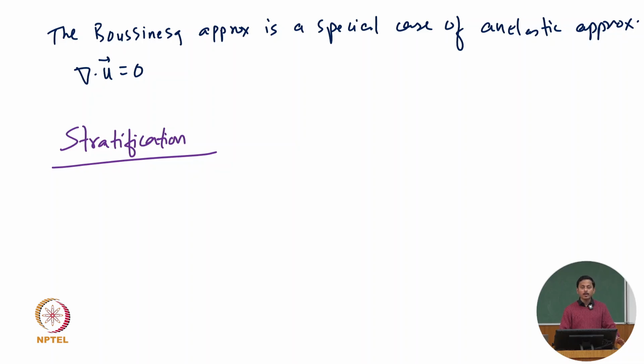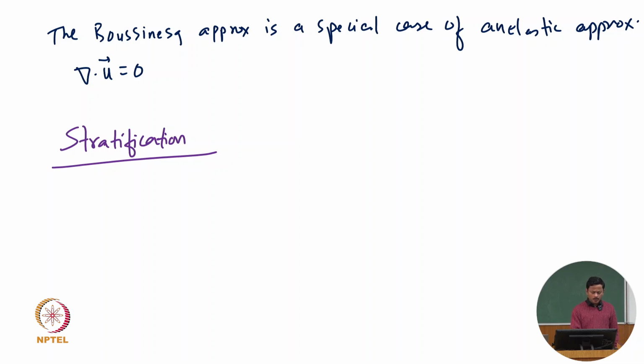We also need to understand stratification first of all. This will not change the momentum equation directly, but this is necessary because we need to understand that the density that we are taking can also change with one of the directions. It can either change in the vertical direction or in one of the horizontal directions.